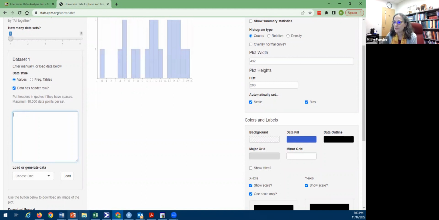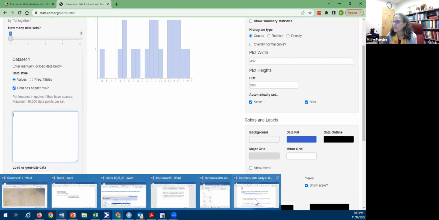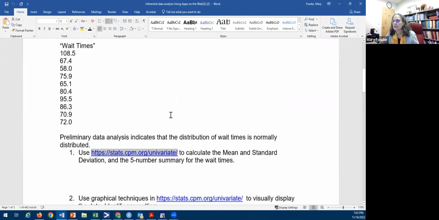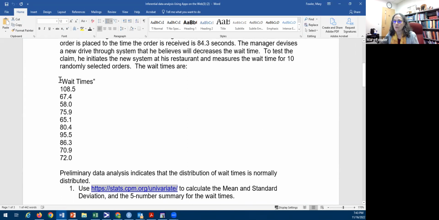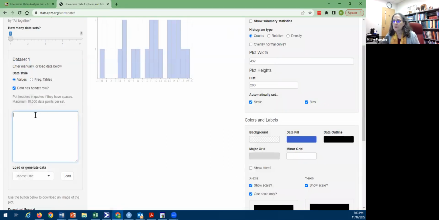Then we'll go back to our problem statement, and I'm going to copy this data, all the way from the first quote of wait times down to 72.0, and paste it right here in this box at the CPM website. Okay, and I'm going to check that we get the quote, wait time quote, and then all of the 10 data points.